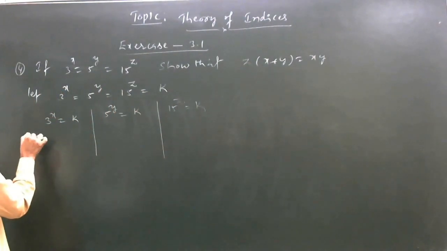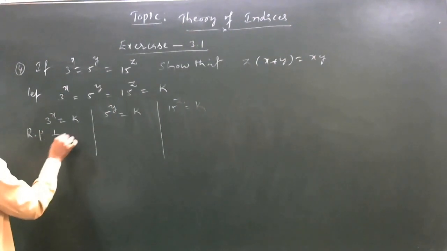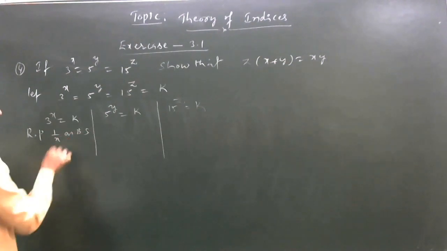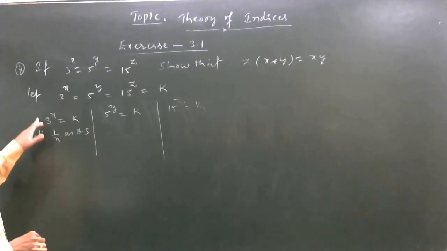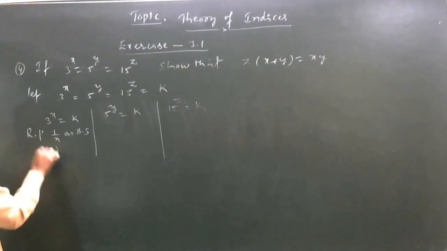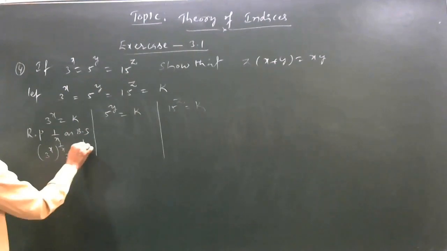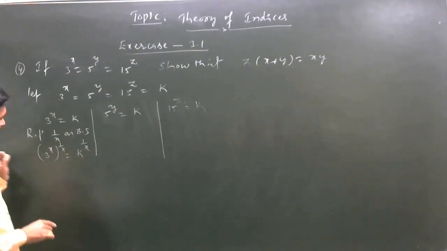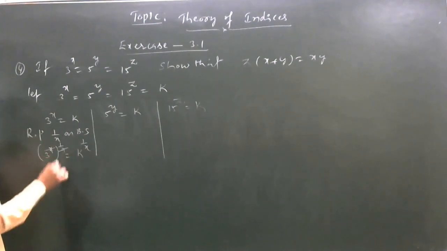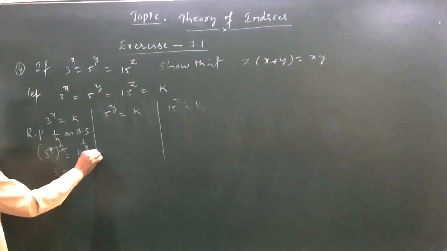Here raise to the power 1 by x on both sides. Here (3^x)^(1/x) equals k^(1/x). Here x gets cancelled, 3 equals k^(1/x).